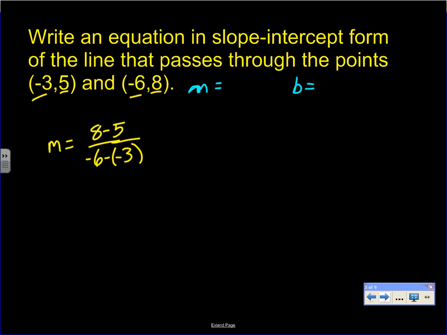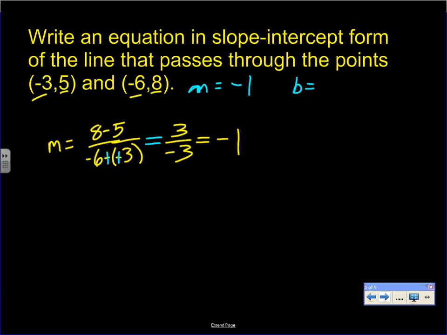And on the bottom here, we have minus and negative, so that becomes a plus. So now we're going to say 8 minus 5 is 3, and negative 6 plus 3 is negative 3. We know a positive divided by negative is a negative, and we know 3 over 3 is 1. So our slope is negative 1.